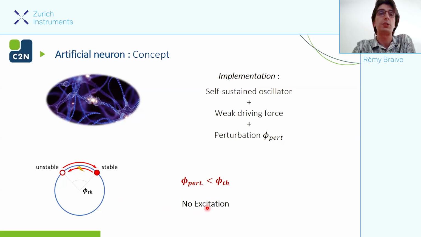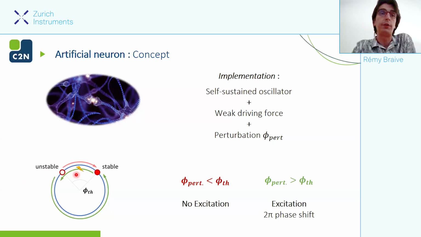So there is no excitation. But if you overcome this difference, so if the perturbation is larger than the difference of phase between these two states, you have an excitation, and it has to be a 2 pi phase shift.